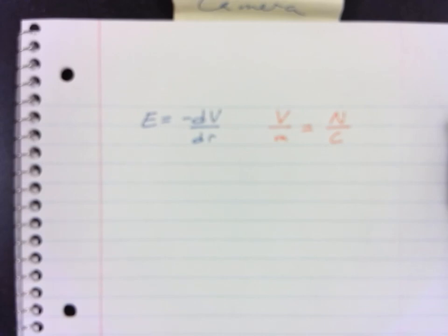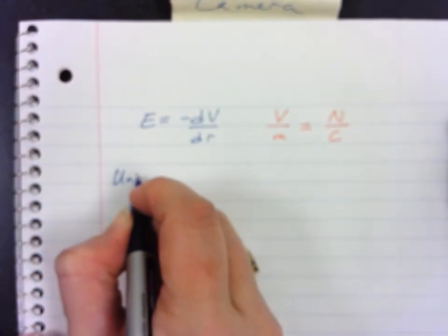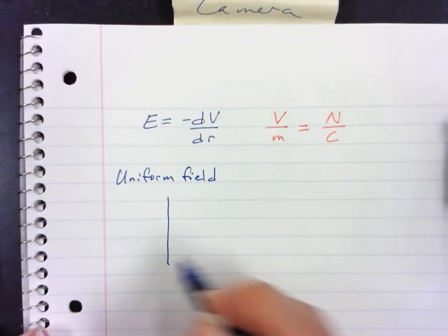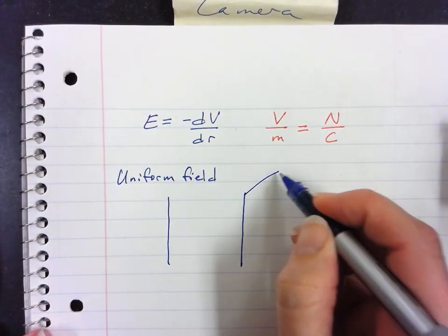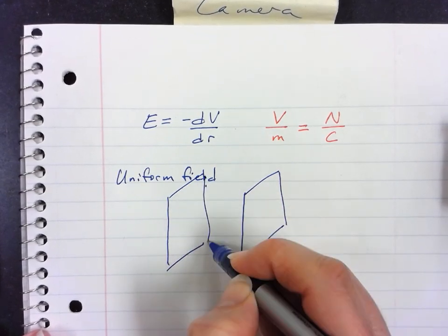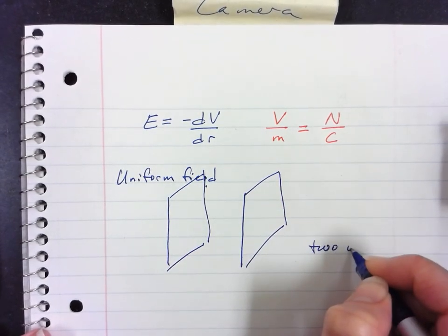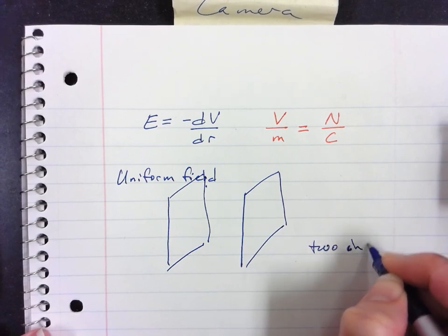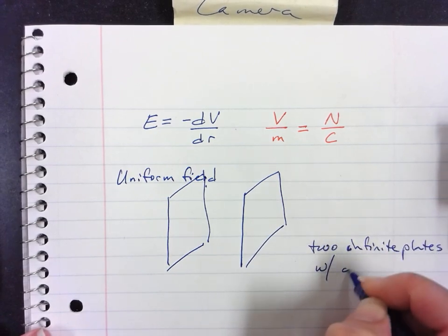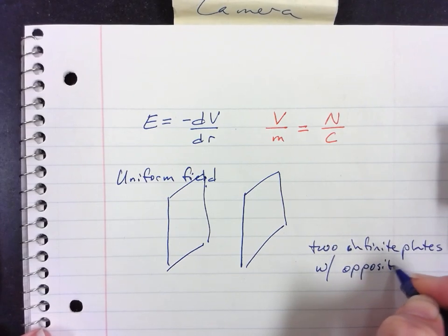The other thing is, if you have a uniform field, and this would be set up by two infinite plates with opposite charges.